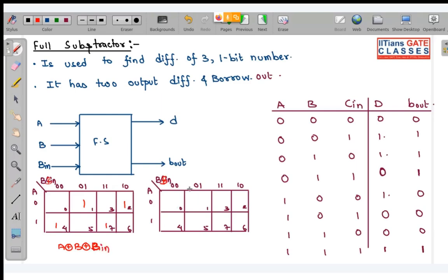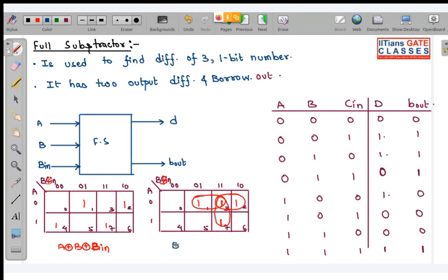And what about the B out? So you can see this is 1, 2, 3, and this is your 7. So like this we have. So one group will be like this, another group like this, and this will be one more group. So this will be what?